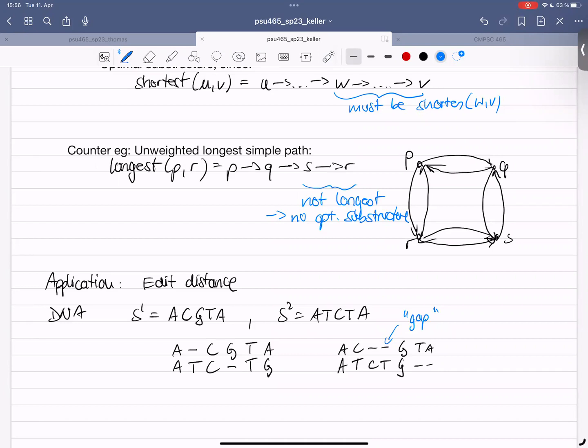And the A is aligned to a G, so we have to substitute the A with a G to finally obtain a string that is identical to the second string. So you will need 3 operations, namely an insertion, a deletion, and a substitution, to convert the first string into the second one. And that's why the so-called edit distance, the cost of this alignment, is 3.